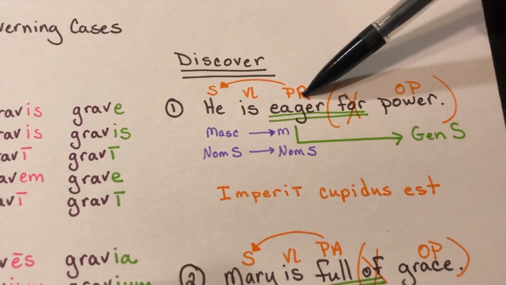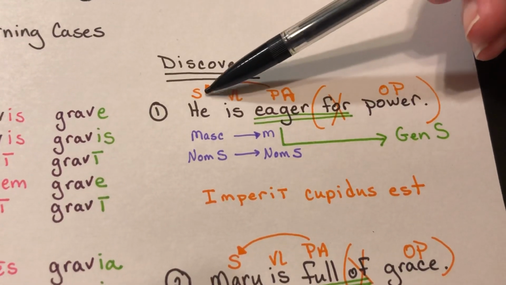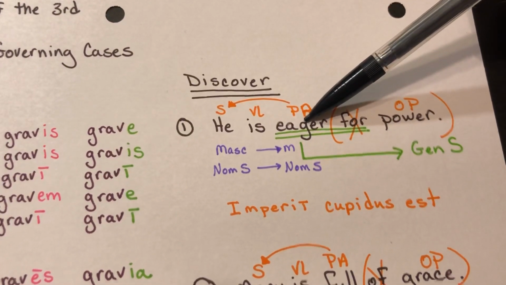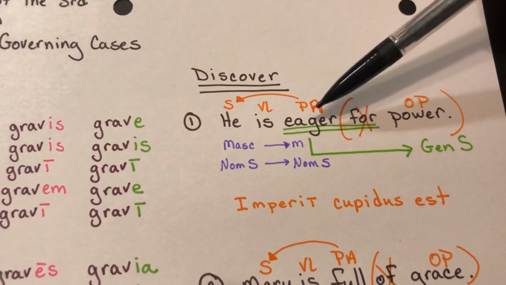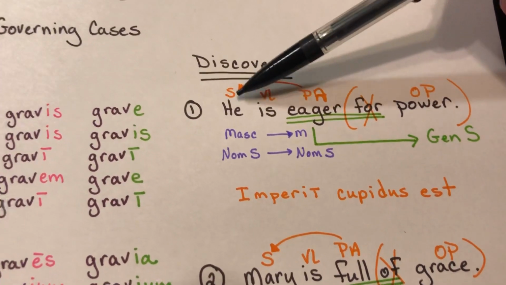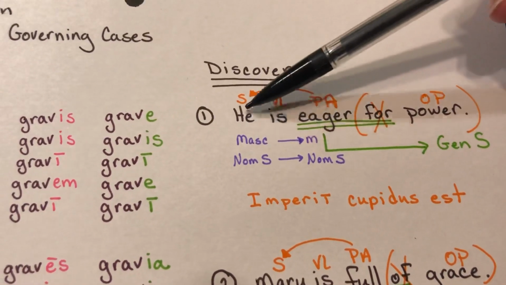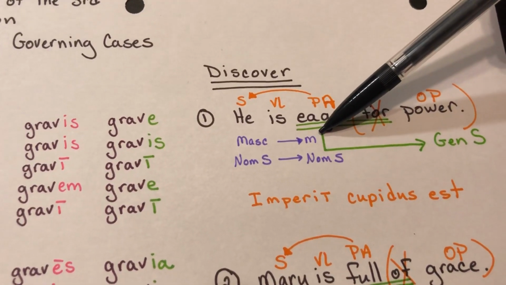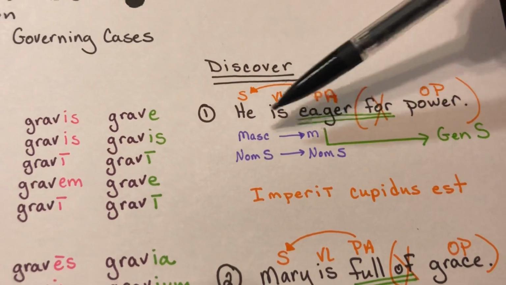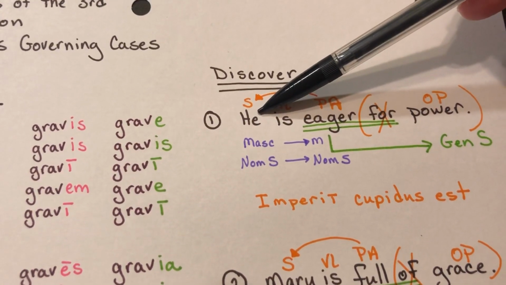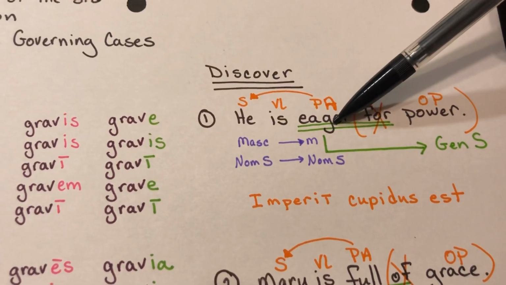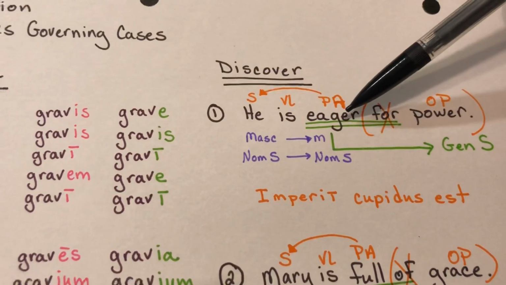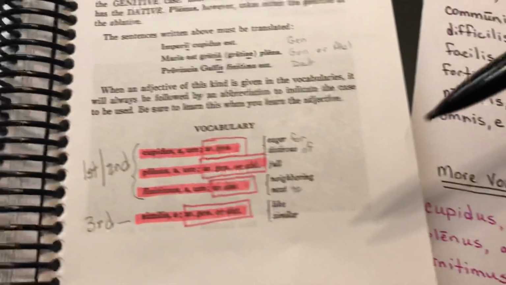Now this adjective is modifying this noun. If you remember, adjectives take on the ending depending on the gender. So we need to come over here and look at the noun. Because it's masculine, technically I know it's a pronoun, but because it's masculine, we are going to use a masculine ending for eager. Now this noun or pronoun is in the nominative singular, so we need to go to the nominative singular masculine endings. And eager, we'll come back over here.